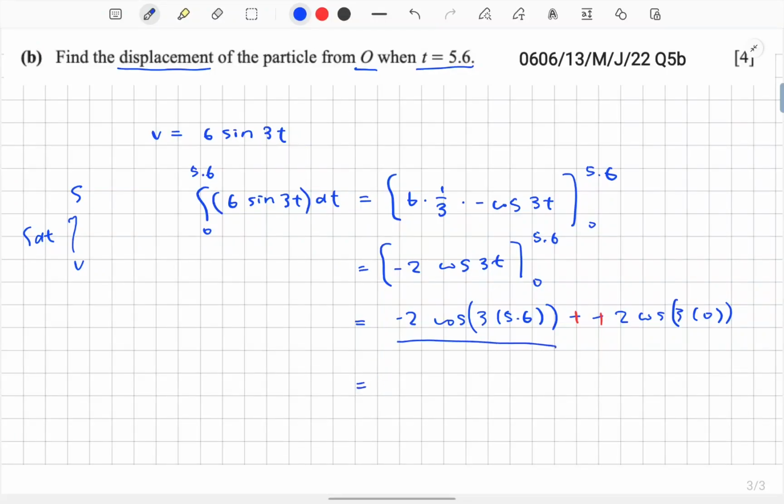The first term here is 0.921. The second term here is 2. So the final answer is 2.92. We'll drop the 1 here because we only need 3 significant figures. And this is our final answer.